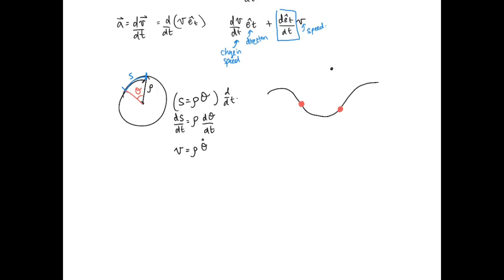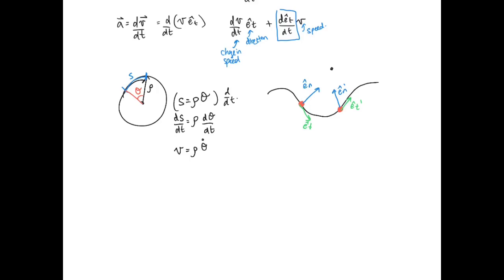So we have a unit vector pointing towards the center. Here's En. And then as it's moved, the unit vector has moved to still point towards the center, but now it's a different direction, En prime. We also have our ET vectors, tangent here, ET, and ET prime. So we're looking for how ET changes with time.